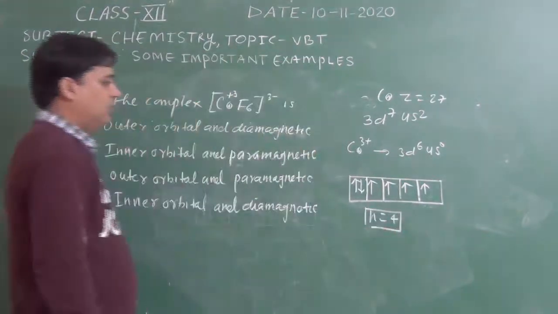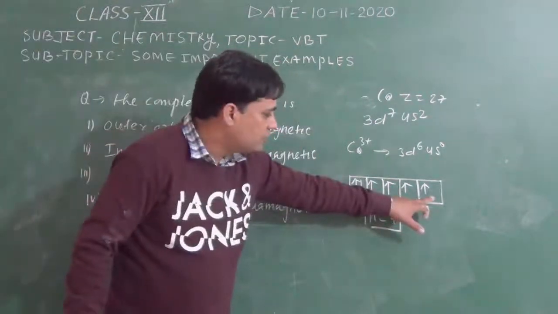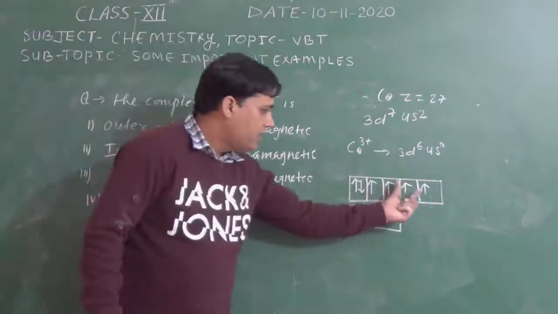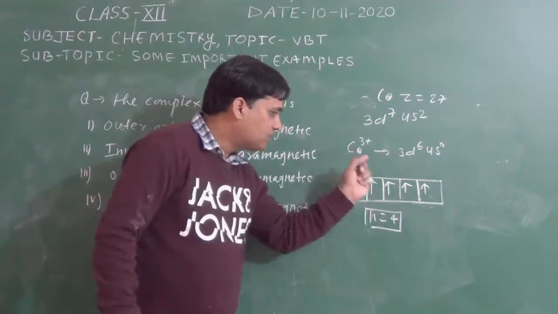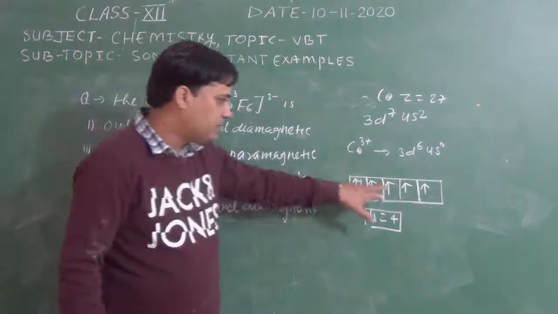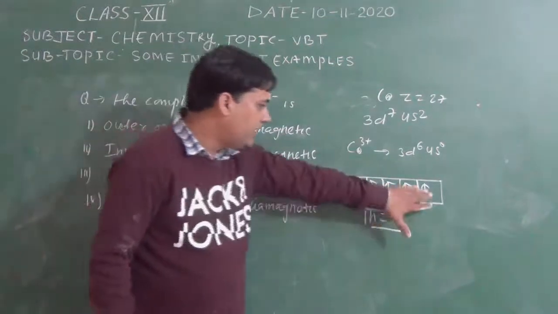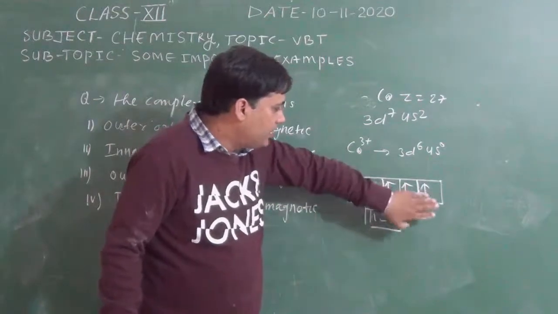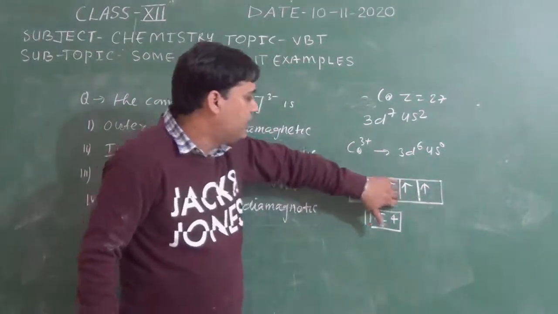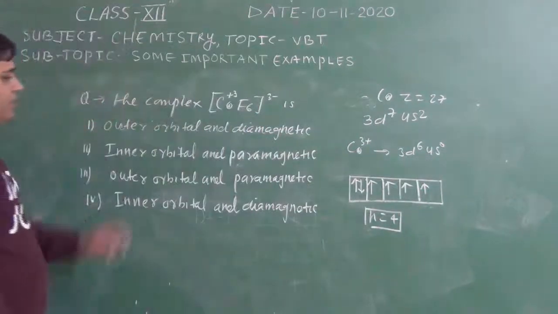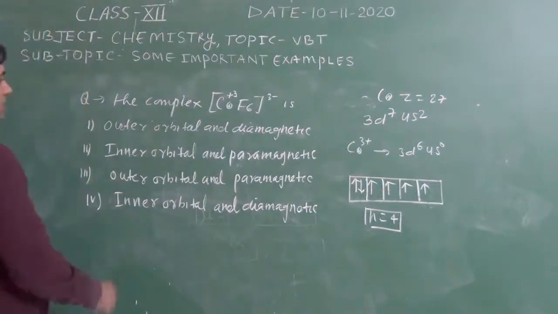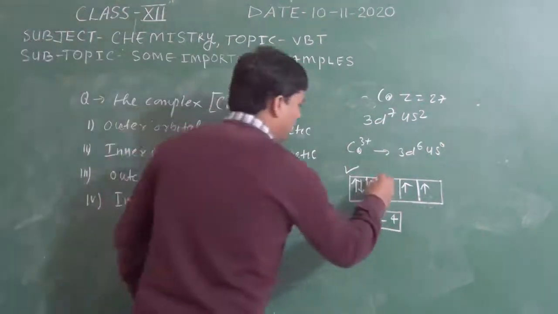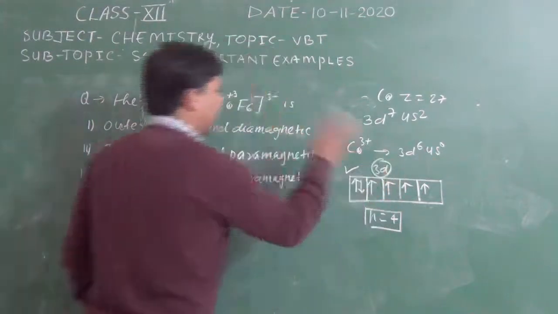There are no vacant orbitals, so no inner orbital complex is formed. It forms an outer orbital complex because each orbital contains at least one electron. The ligand does not donate electrons into orbitals that contain one electron, so the ligand requires empty orbitals. So it forms an outer orbital complex because the 3d orbitals are not involved in this complex formation.